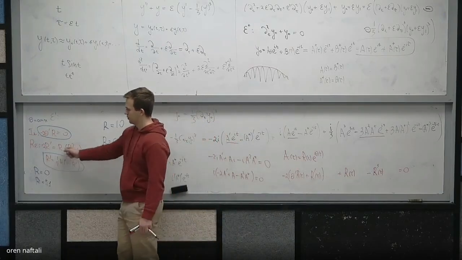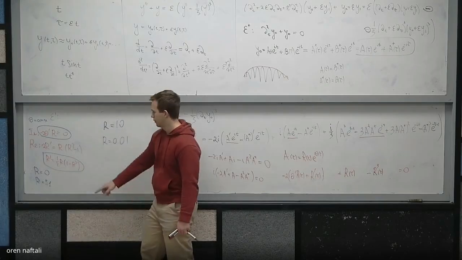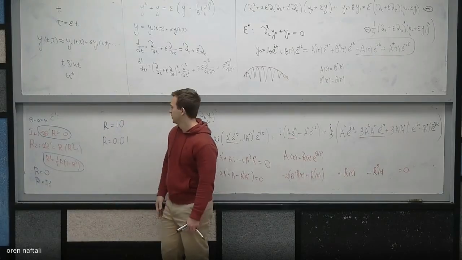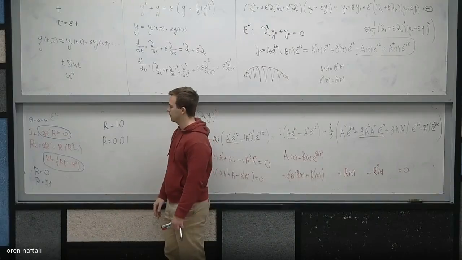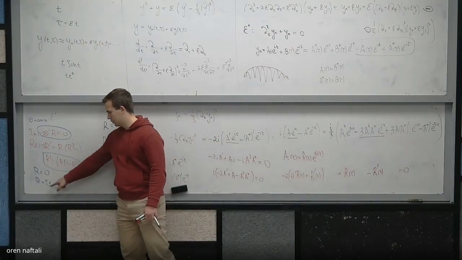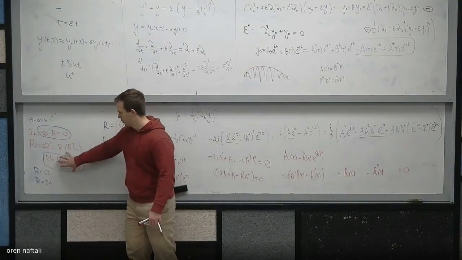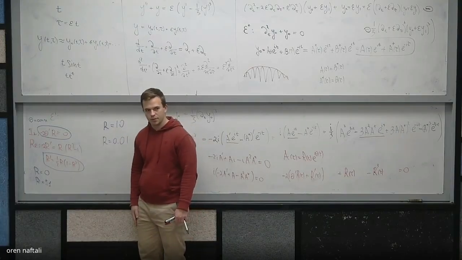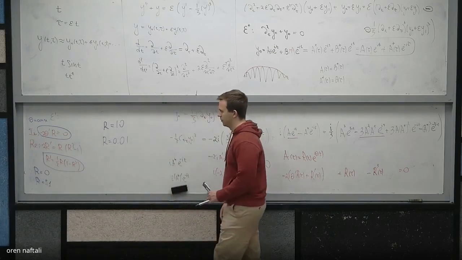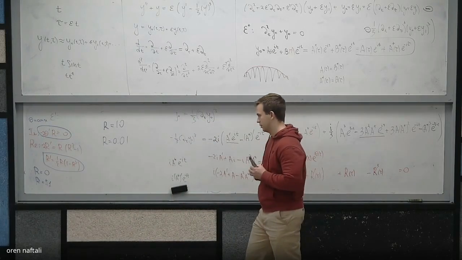The right hand side is positive, meaning that the derivative of r is positive, and r is increasing again until it reaches the value of r equals 1. Then the right hand side is 0 and everything is stable. Okay? We call it limit cycles.